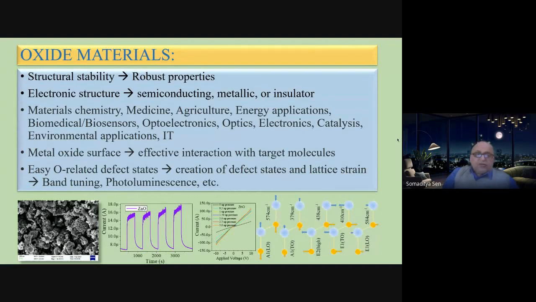Those oxygen related defects and the presence of a foreign element in the structure make these materials a huge ground to explore. And that's the reason why zinc oxide in the last 30 years maybe has generated thousands of papers in the community.